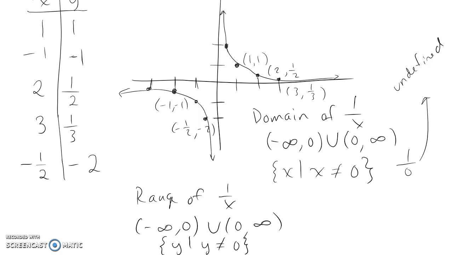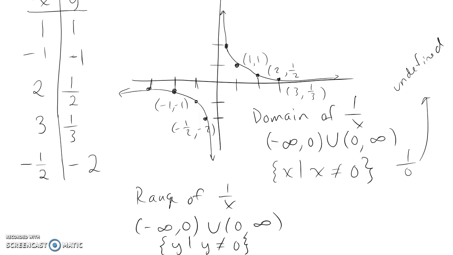Why is that? Well, you can't get 0 out of this function. 0 is not the reciprocal of any number.